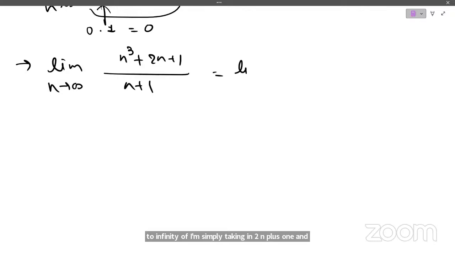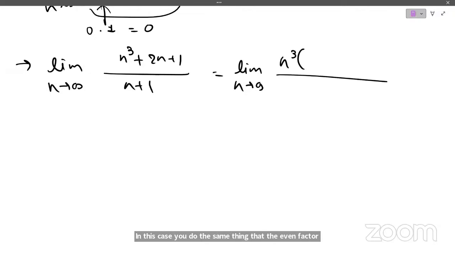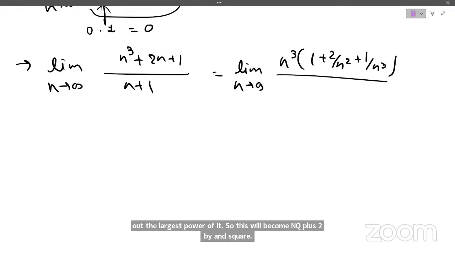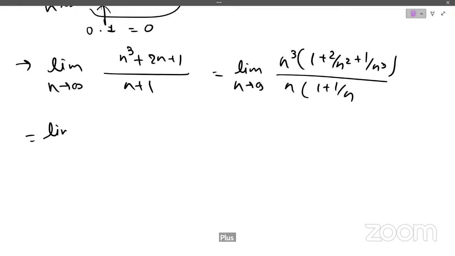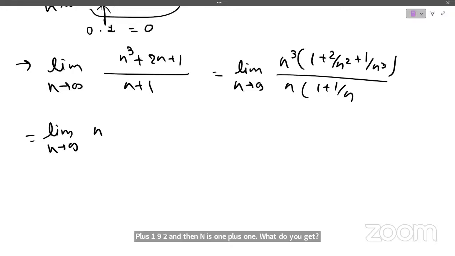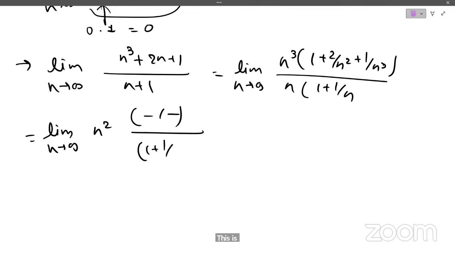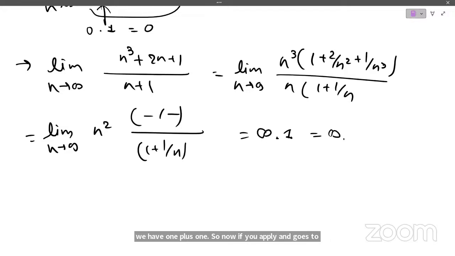In this case, you do the same thing: you factor out the largest power of n. So this will become n cube times 1 plus 2 by n square plus 1 by n cube, and the denominator n times 1 plus 1 by n. You will get the limit as n goes to infinity of n square times something, and here we have 1 plus 1 by n. So now if you apply n goes to infinity, this will become infinity into 1, so the answer will be infinity.